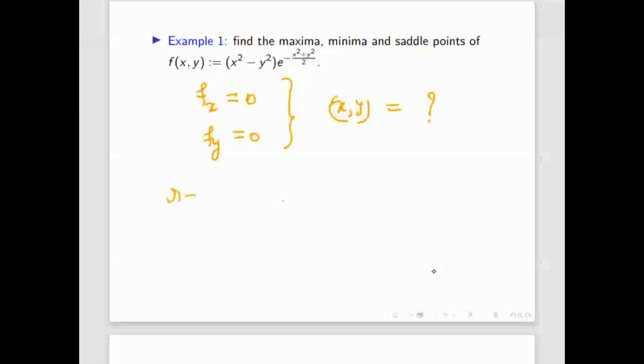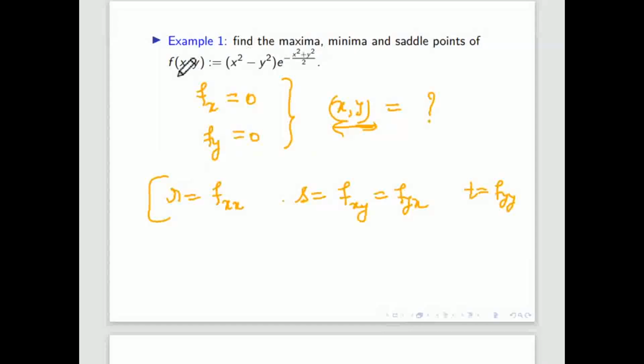After that we'll find r, that is fxx. For s, we can calculate either fxy or fyx, and then we'll calculate t. We'll evaluate these at whatever points we get, and then apply the second derivative test. That means we check whether rt minus s square is positive, negative, or 0. Based on that we can conclude.